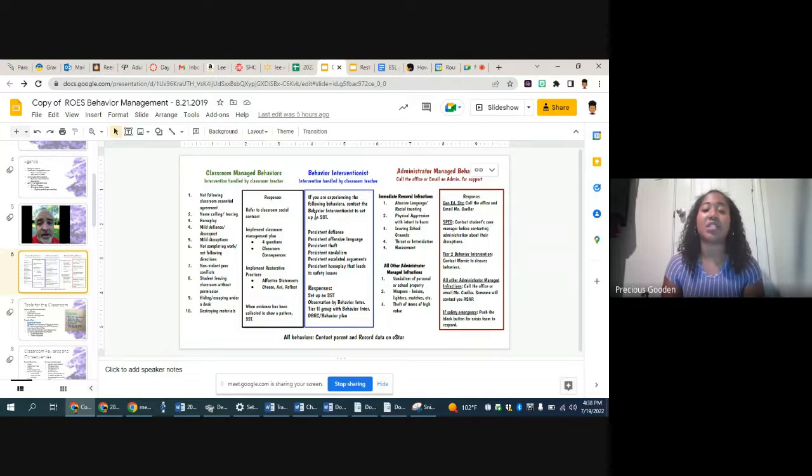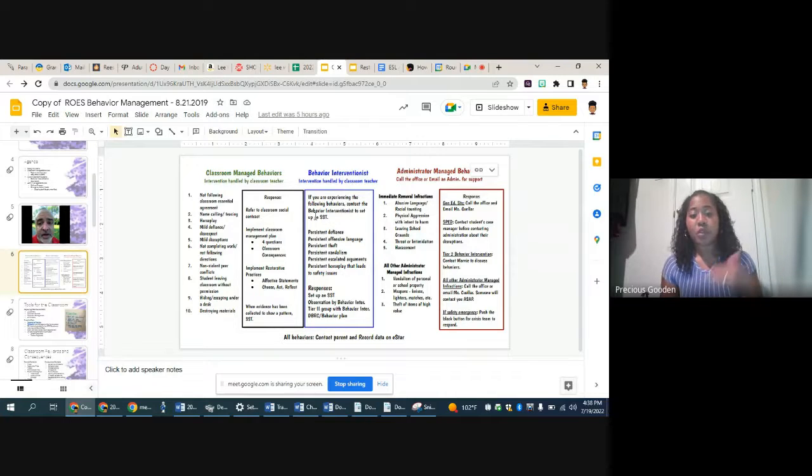Effective statements to let them know what is expected. And words of affirmation, too, are great to have around your classroom. I think it's good for students to see and hear that all the time because they need encouragement, just like we do as adults and educators. So choose, act, and reflect. Those are all restorative practices that we would like implemented in the classroom.